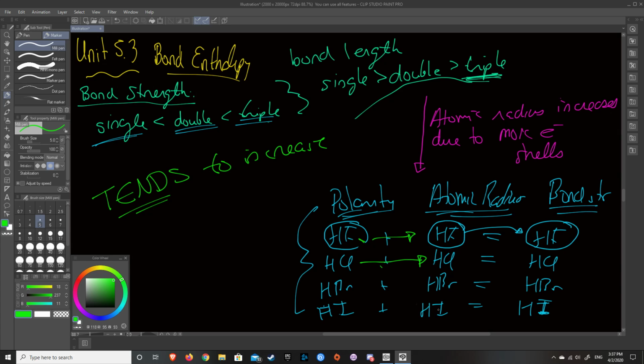As atomic radius gets smaller, bond strength tends to be stronger, but not in every circumstance. So as a studying chemist, you need to learn this word tends, because it allows for exceptions. It allows you to say, oh, I didn't know that was an exception, but I left room for it to be an exception, because it tends to increase.